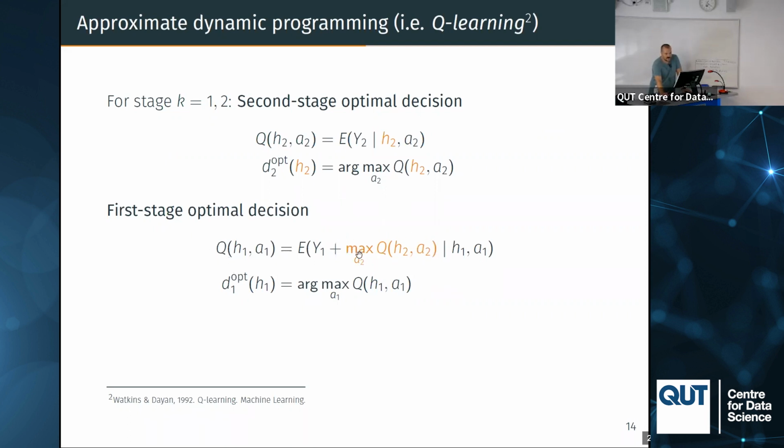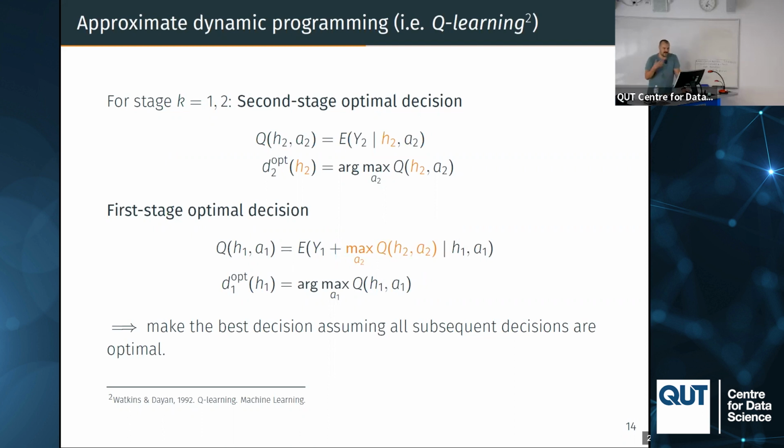This is commonly called in the literature a pseudo outcome. So it's the average best outcome for a patient who has the history at this point. So you can think of this first stage optimal decision as making the best decision, assuming that all subsequent decisions are optimal.